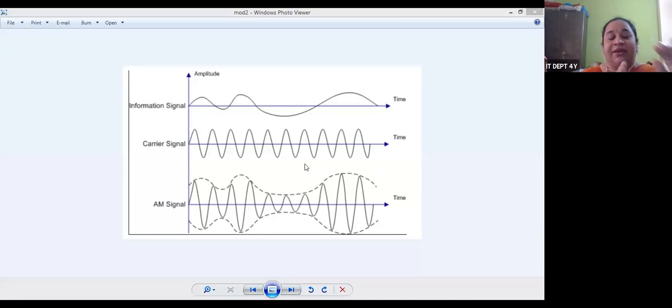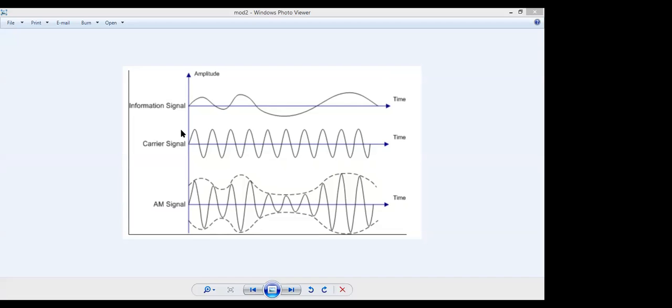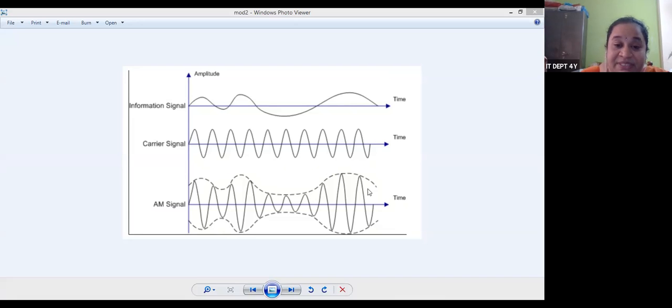I have shown you yesterday in a different way: you superimpose the carrier with the modulating signal whenever the corresponding carrier has a lower value compared to the modulating signal. Here, the carrier has been taken with a normal, uniform frequency and a uniform amplitude level, right?